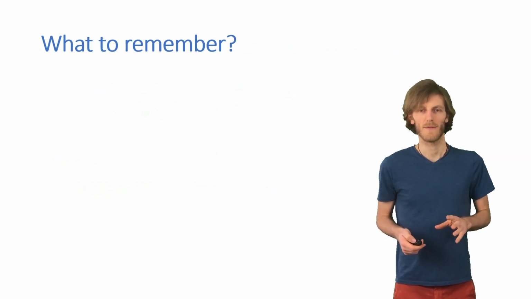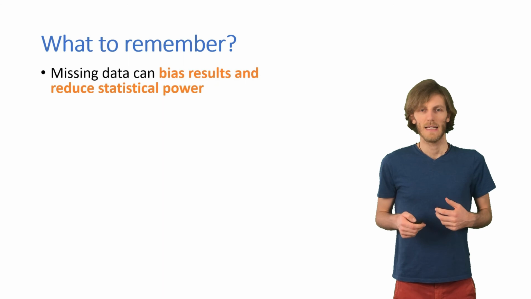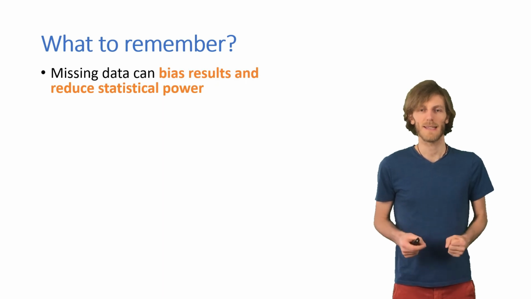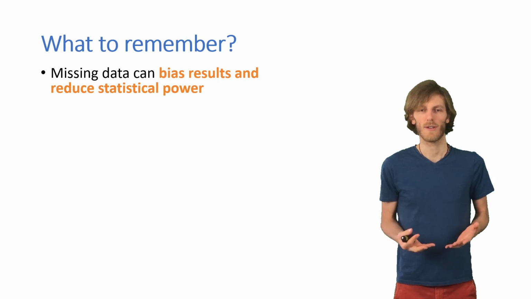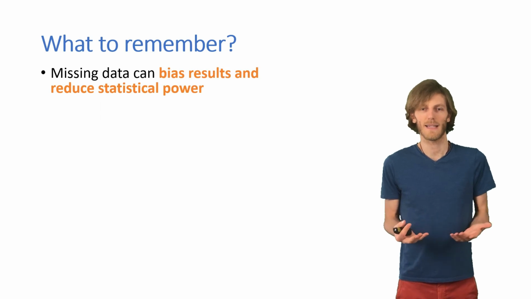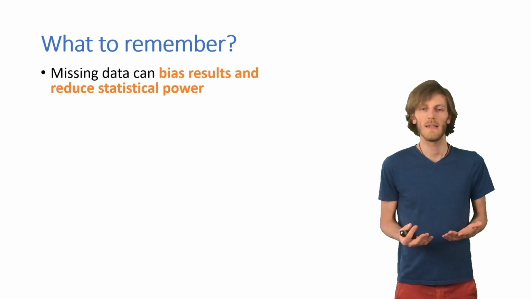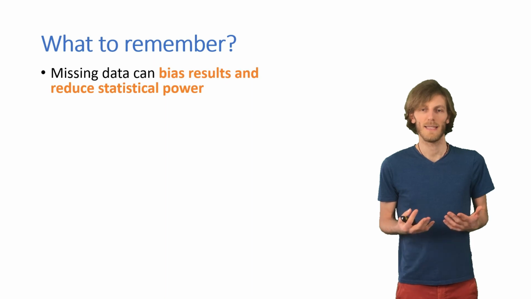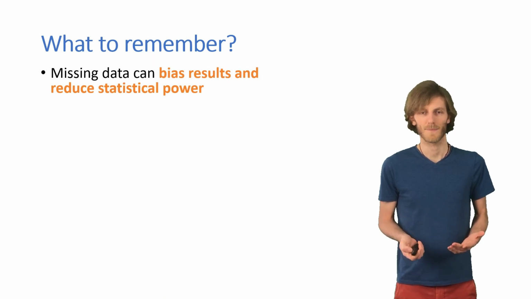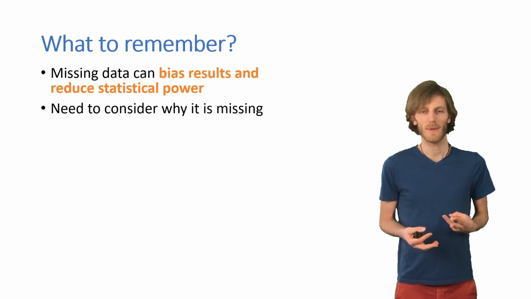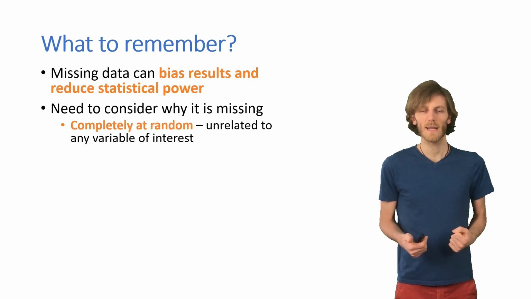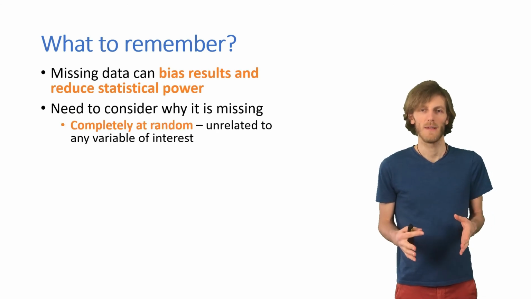But what to remember from here? The first point just is that missing data matters. It can bias results, so it can lead us to wrong conclusions, and if left untreated, it reduces statistical power and makes it less likely that we detect effects that are really there. In order to deal with it, we need to consider why it is missing. There are three possibilities. One is it's missing completely at random.